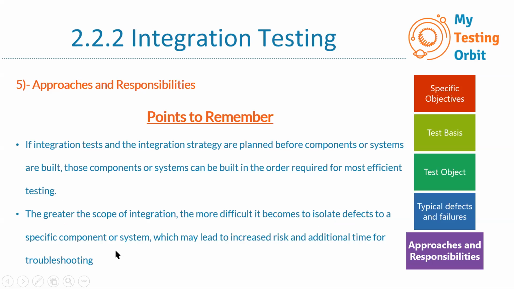In the previous example, we said that if there are three components and we are testing component A and B, we are integrating and testing them. Once integration testing has passed, we add component C and test it. So we are gradually taking one or two components at a time and integrating them.